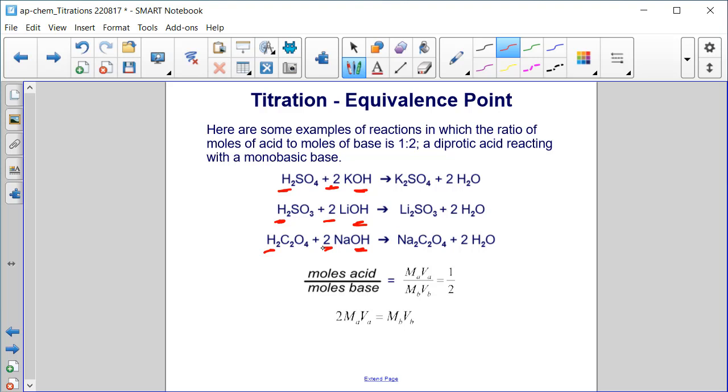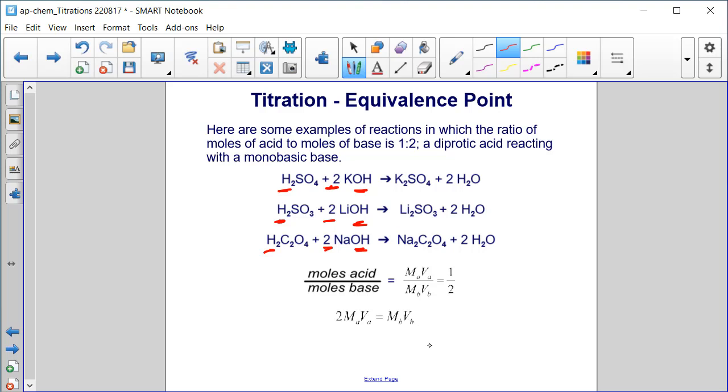So moles of base is twice the moles of acid. So moles of acid, molarity times volume, over moles of base, molarity times volume of base, is 1 to 2. Again, just rearrange. I multiplied by the 2. So 2 times molarity of acid times volume of acid is equal to molarity of base times volume of base.